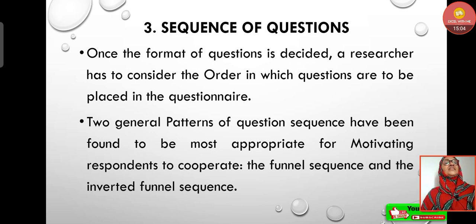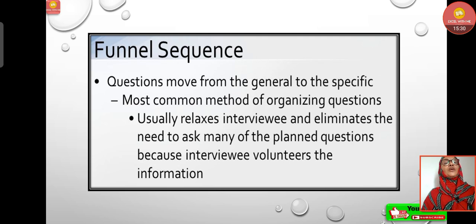Now the third is the sequence of questions here. Once the format of questions is decided, a researcher has to consider the order in which questions are to be placed in the questionnaire. Two general patterns of question sequence have been found to be most appropriate for motivating respondents to cooperate: the funnel sequence and the inverted funnel sequence. Let's understand quickly what the funnel sequence is.